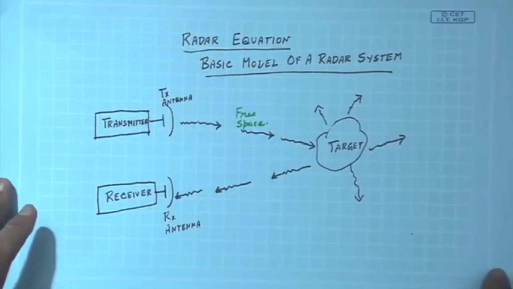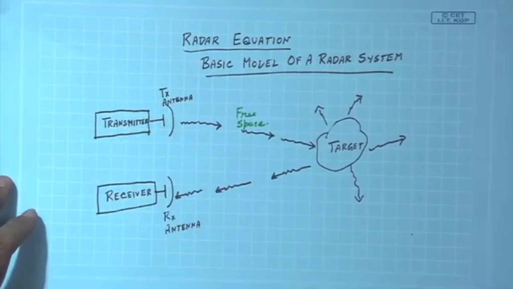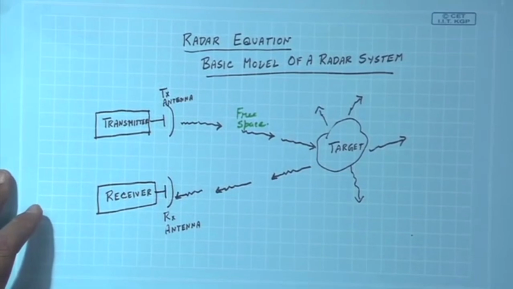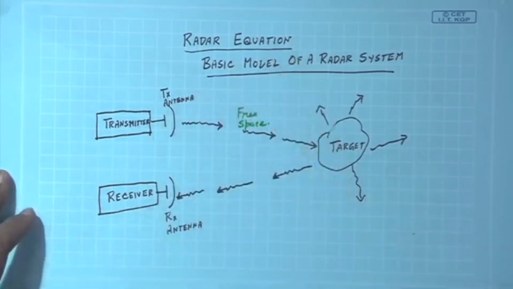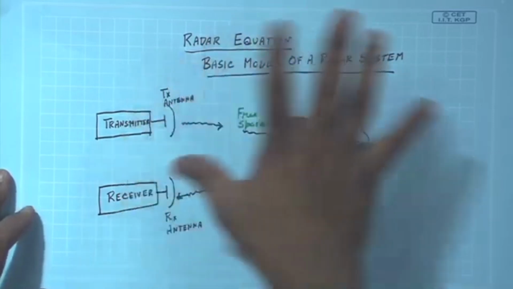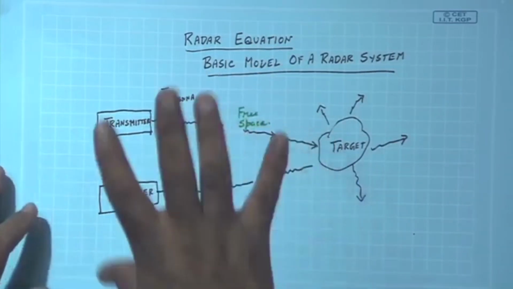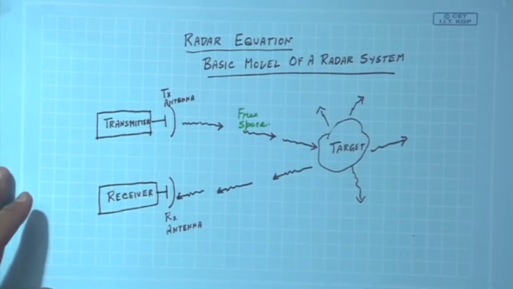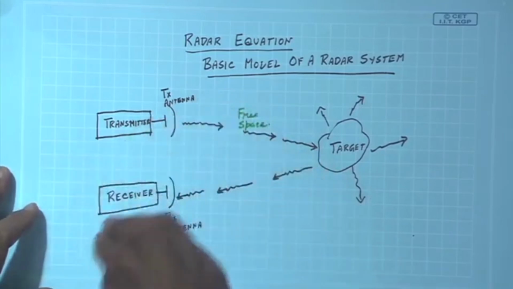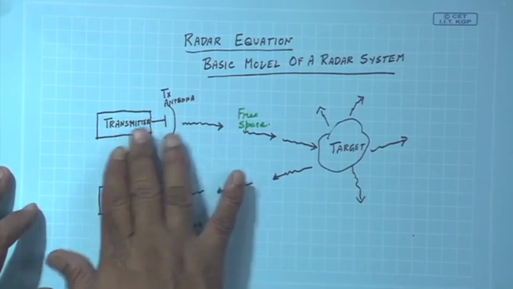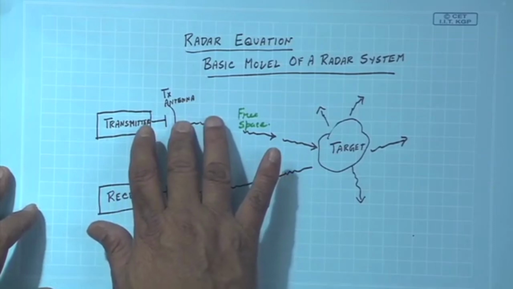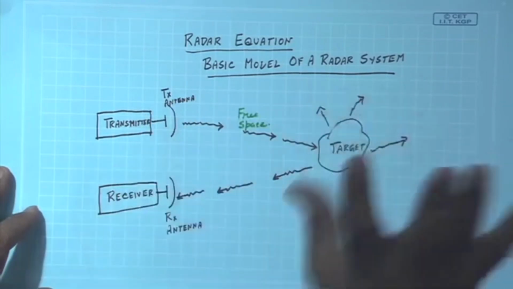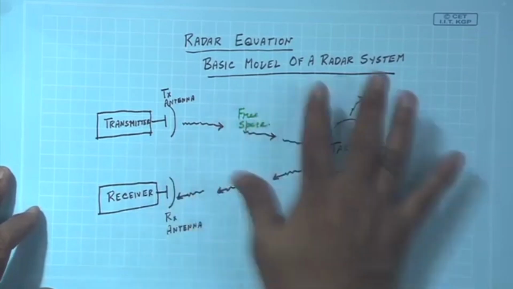So, we will start with the radar equation. What the radar equation says is that there is a transmitter, and that transmitter is giving RF power that is being radiated into the free space medium. Here it is an assumption that the whole medium is free space, with no other scatterers nearby. The transmitter, through the transmitting antenna, a microwave antenna, pumps that power into free space.